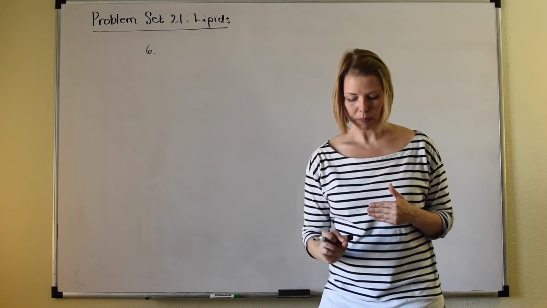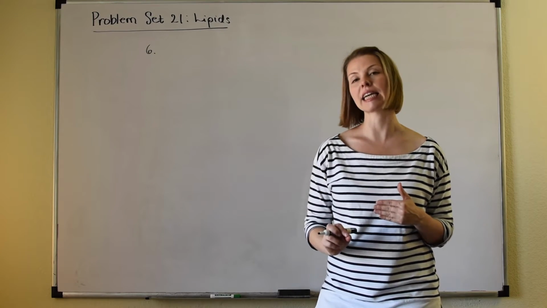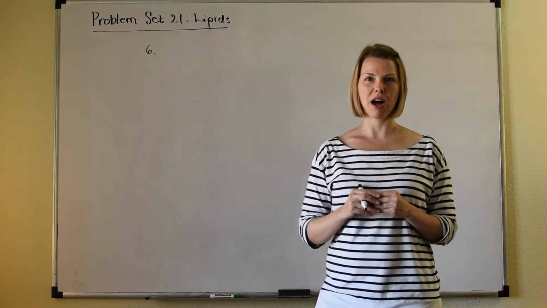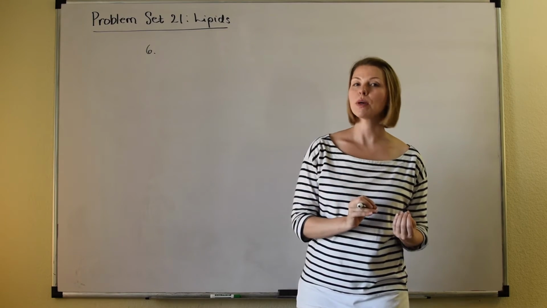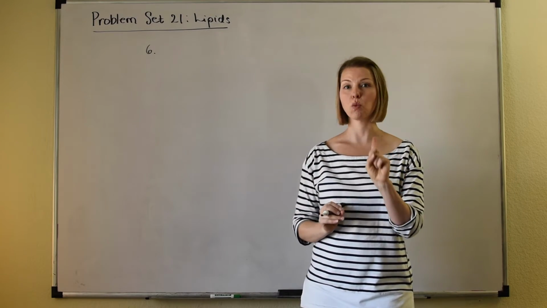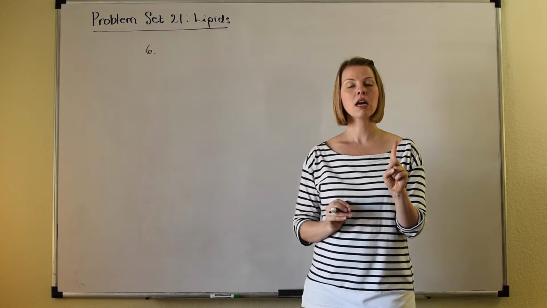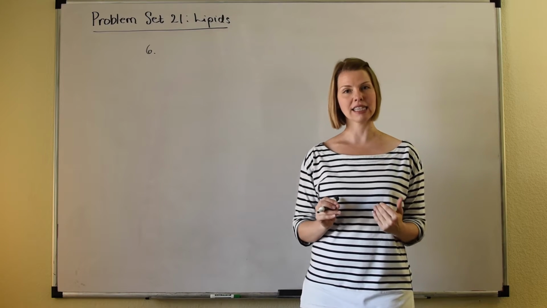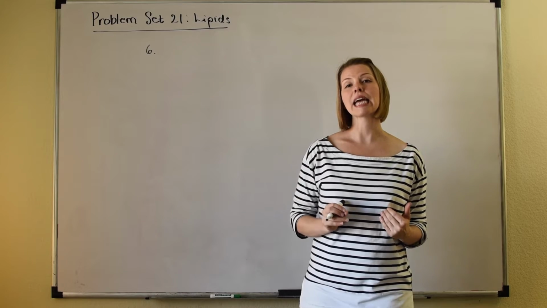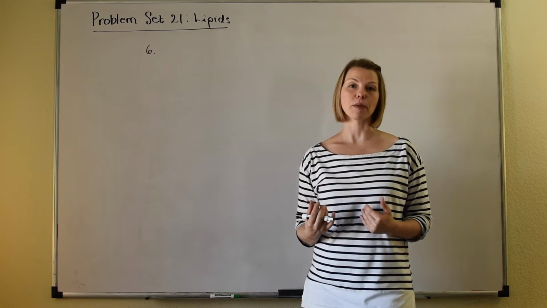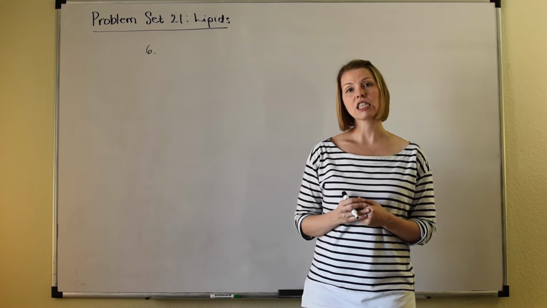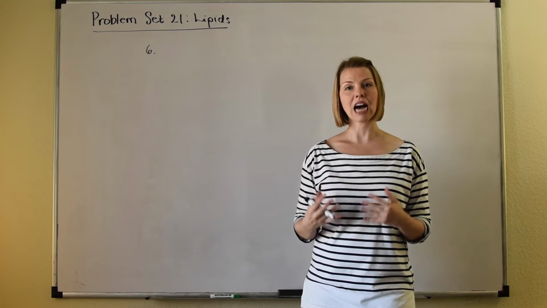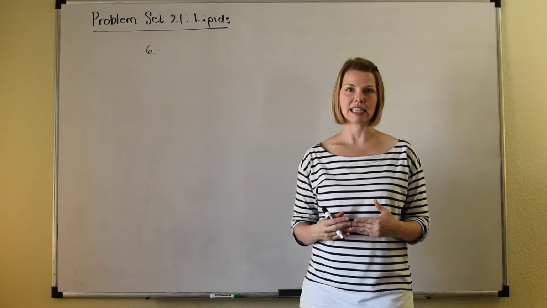But we're talking about specifically here fatty acids that contain multiple double bonds. Well, unsaturated fatty acids can be monounsaturated, meaning they contain just 1 carbon-carbon double bond, but they can also be polyunsaturated, meaning that they contain more than 1 carbon-carbon double bond. Multiple double bonds. So number 6 is talking about polyunsaturated fatty acids.